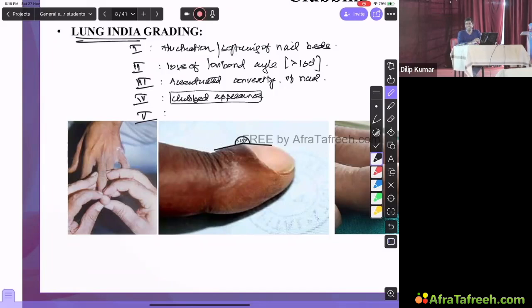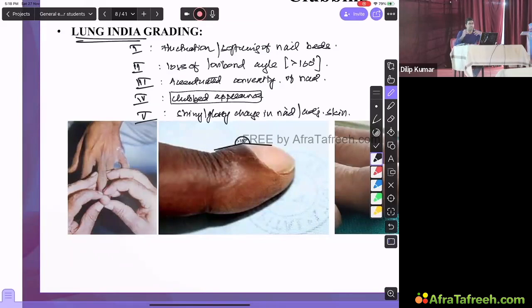Okay, then grade 5. What about that? Grade 5 is development of shiny and glossy change in the nail and the adjacent skin, technically with longitudinal striations in the nails.